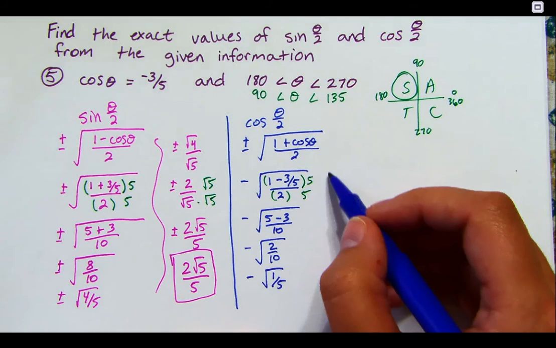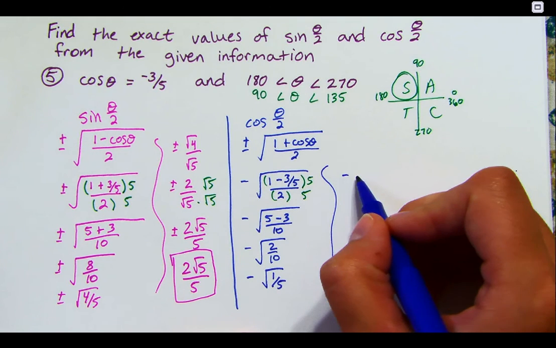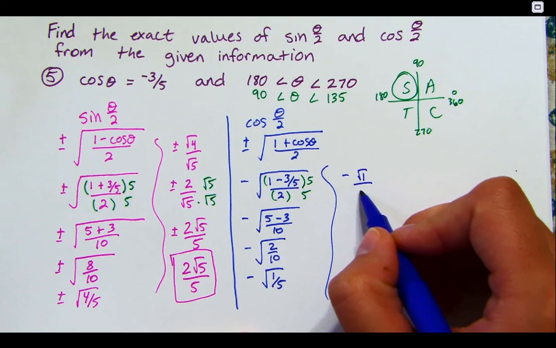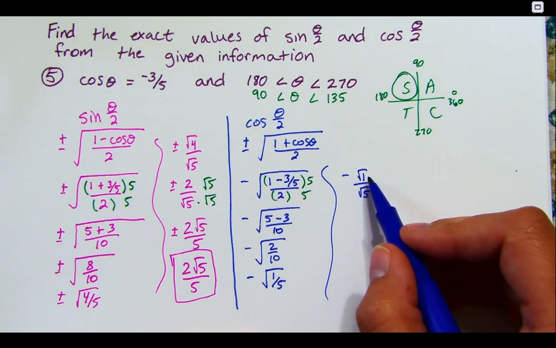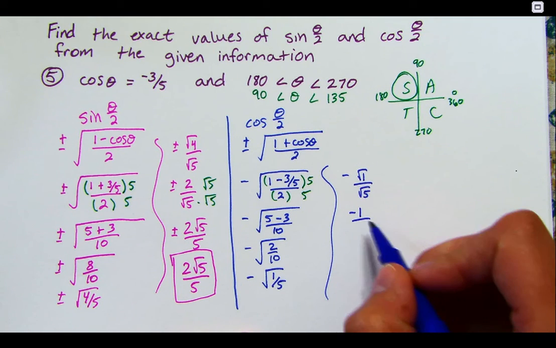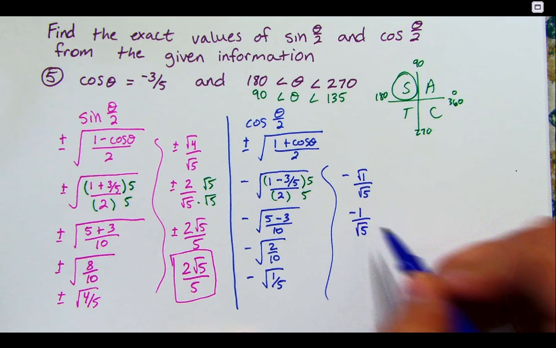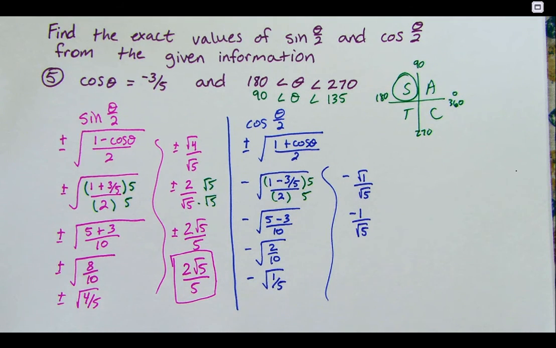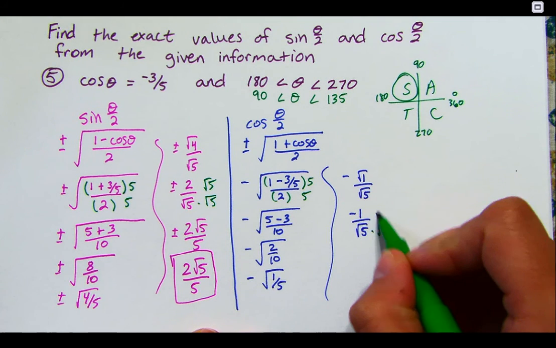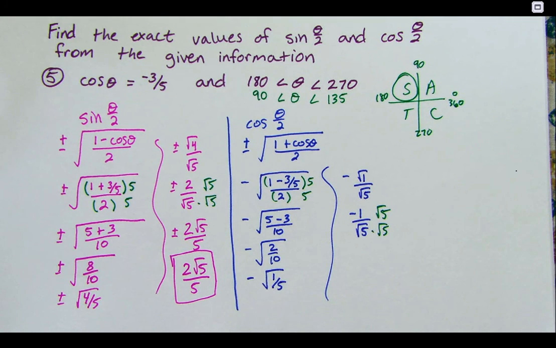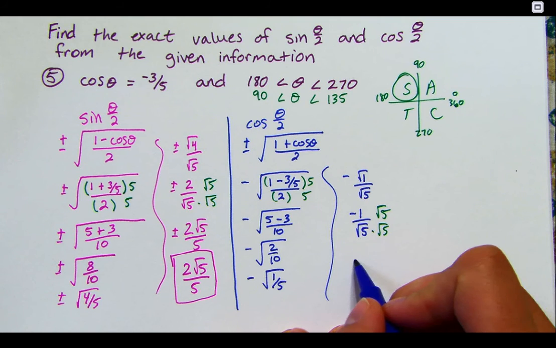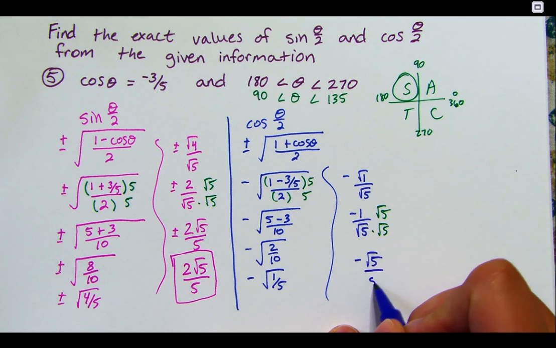And then I want to think of that as the square root of 1 over the square root of 5. So square root of 1 is 1. And then I can't simplify the square root of 5. And then the last thing I need to do is rationalize. So my final answer for this is going to be negative square root of 5 over 5.